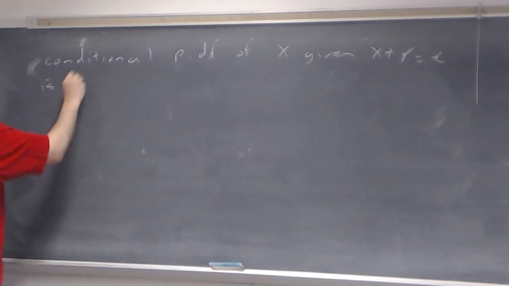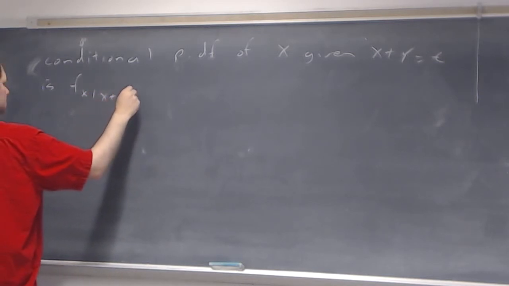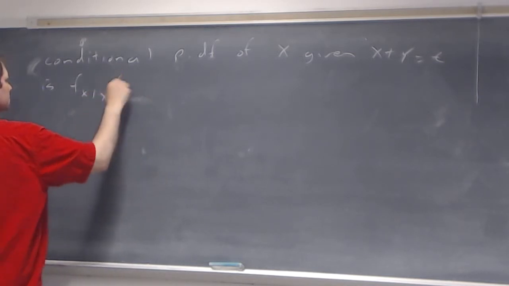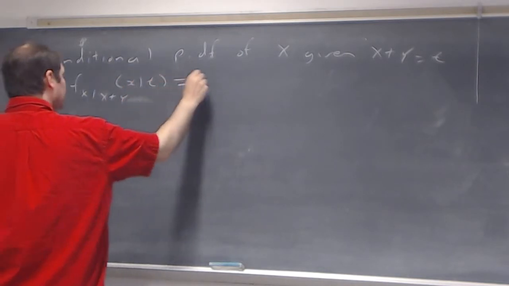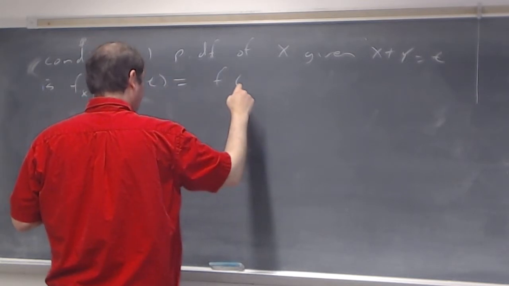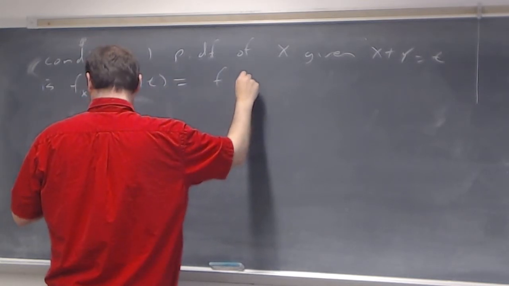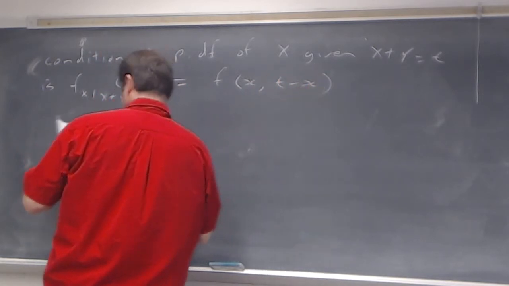I said joint PMF, but that should be PDF here. It is equal to the joint PDF of x and y evaluated at x and t minus x.